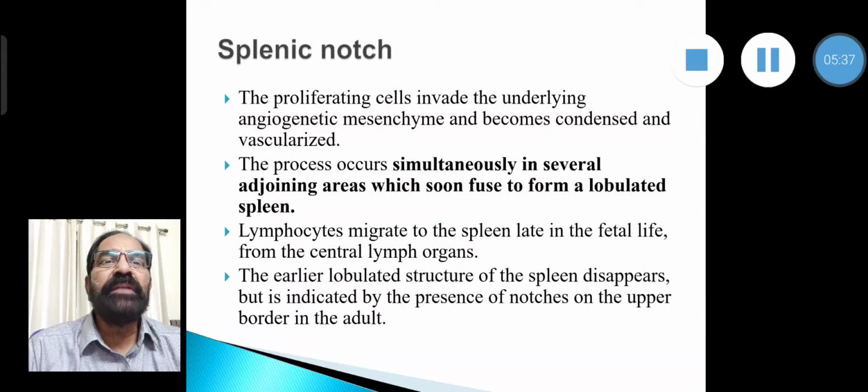The process occurs simultaneously in several adjoining areas which soon fuse to form a lobulated spleen. Lymphocytes migrate to the spleen late in fetal life from the central lymph organs. The earlier lobulated structure of the spleen disappears but is indicated by the presence of notches on the superior or upper border in the adult.